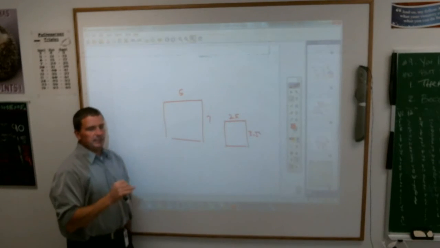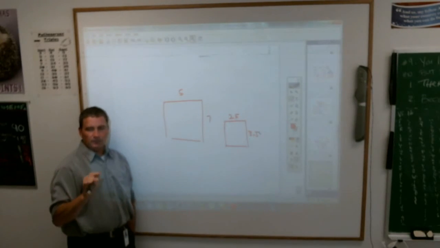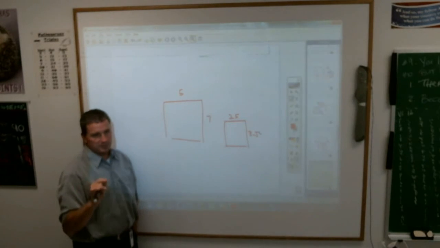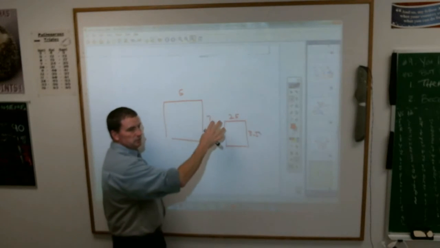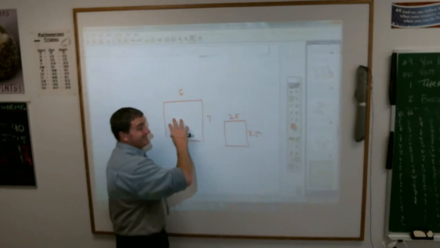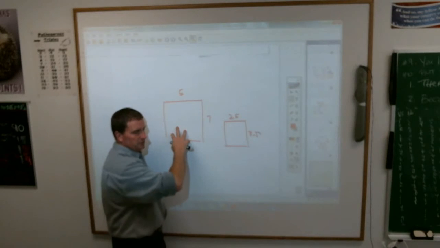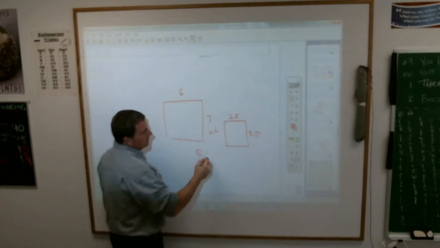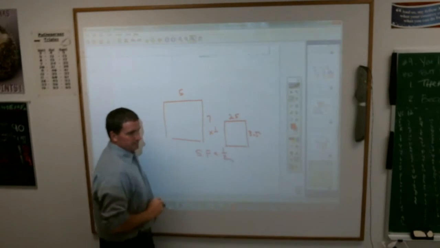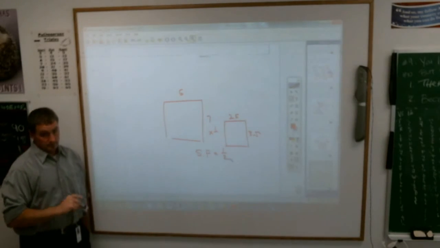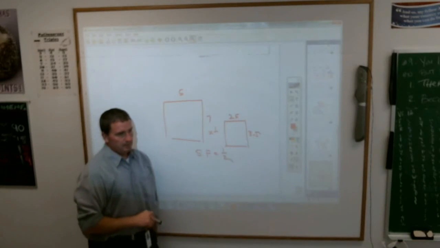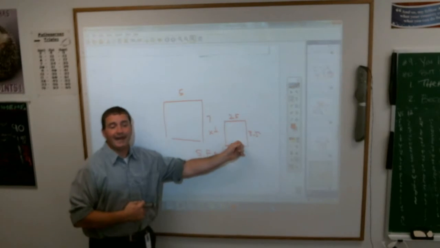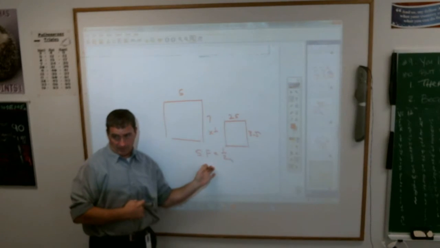You don't really need to do all the calculation if you can just figure out what the scale factor is. What is my scale factor from the big one to the small one? It told you what the scale factor was. Half. My scale factor is 1/2. If I was talking about the perimeter of these two things, the perimeter of this will be half of that, because perimeter is the same as scale factor.